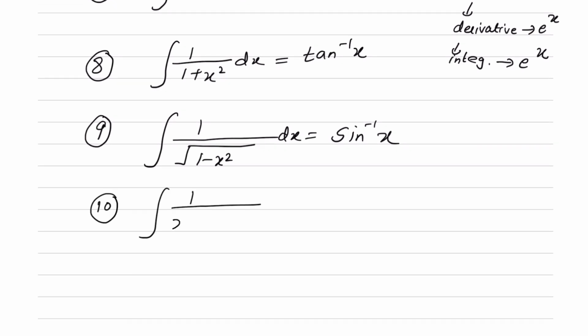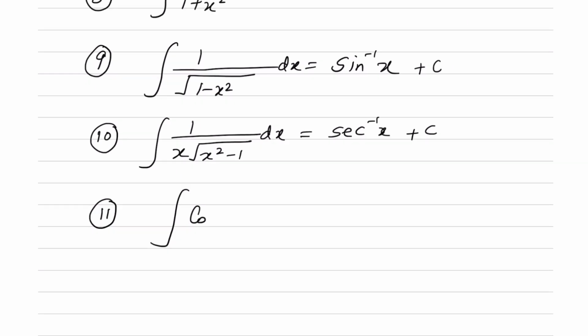Integration of 1 over x square root x square minus 1 dx will be secant inverse x, because the derivative of secant inverse x is 1 over x into square root x square minus 1, plus some constant. Integration of cos x dx will be sin x, because the derivative of sin x is cos x.